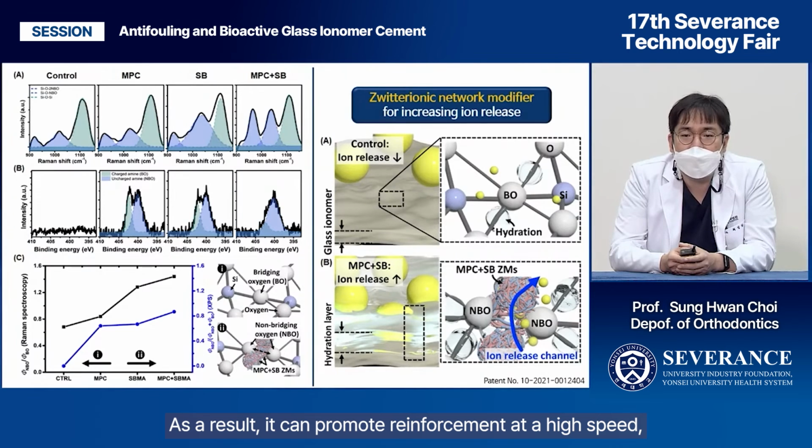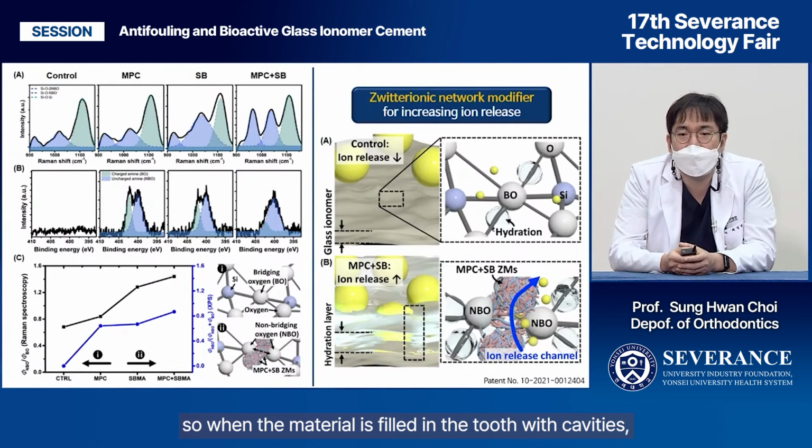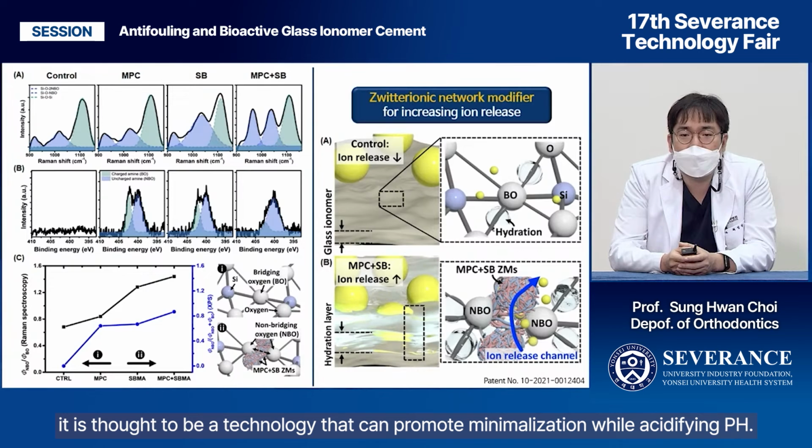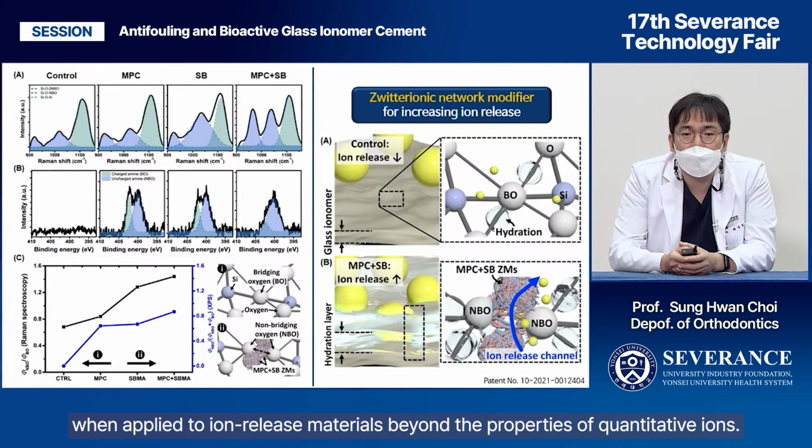As a result, it can promote remineralization at a high speed, so when the material is filled in a tooth with cavities, it rapidly releases ions, and as a result, it is thought to be a technology that can promote remineralization while neutralizing acidic pH. And so far, it suggests that bio-friendly and bioactive materials can be developed when applied to ion release materials beyond the properties of quantitative ions.